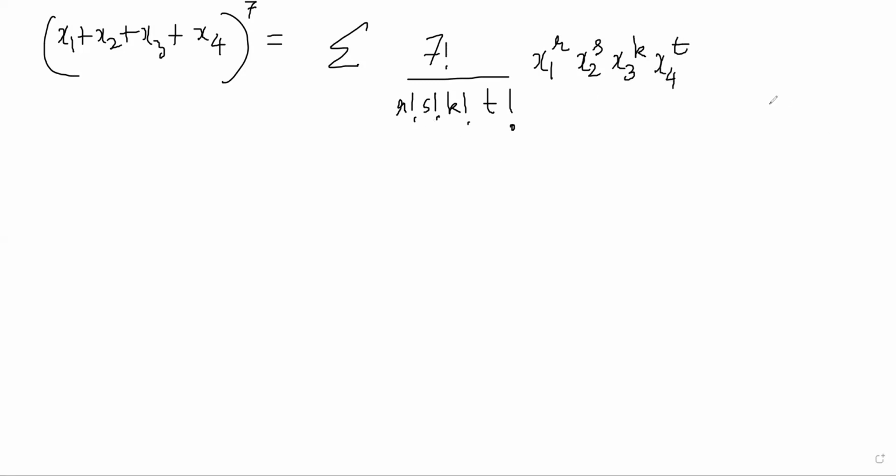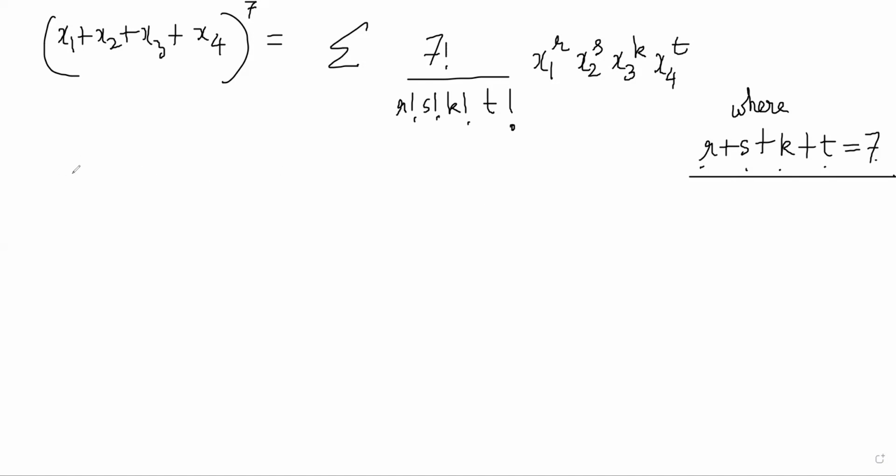This is my general term where r plus s plus k plus t has to be equal to 7. So the powers have to add up to 7, and you can have this in many different combinations, starting from zero values and all. So how many ways are there?